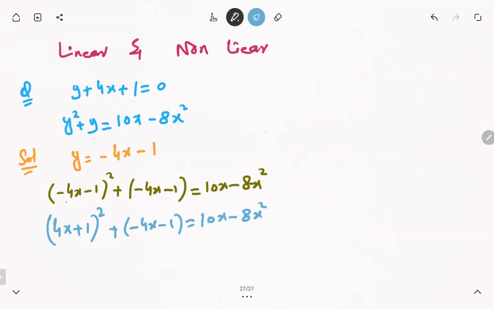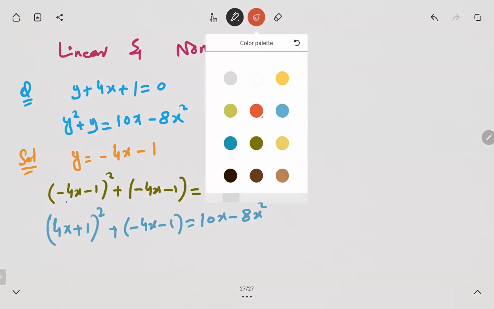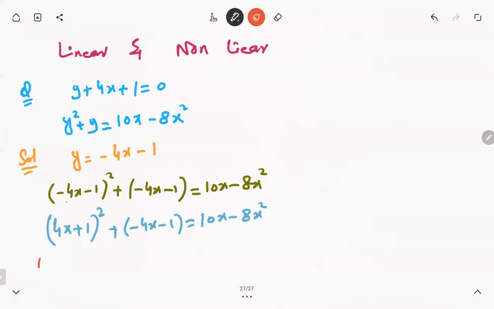Now let's open. We know a plus b whole square is a square plus 2ab plus b square, so 16x square, plus 2 times 4x is 8x, plus 1 square is 1. This equals 10x minus 8x square.